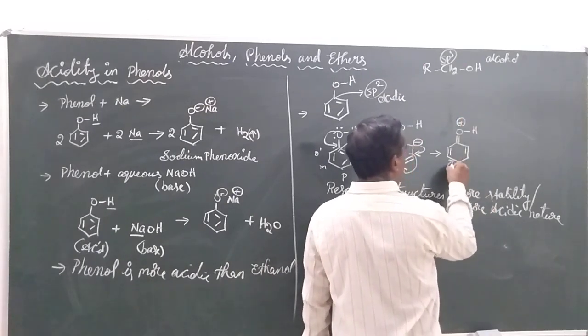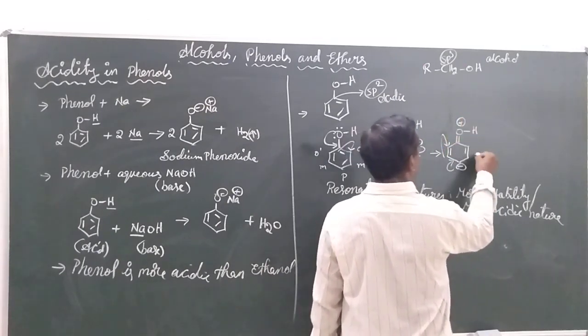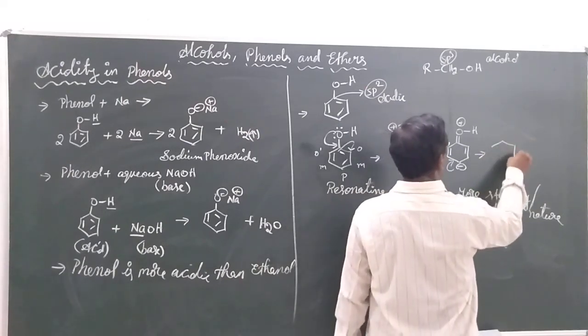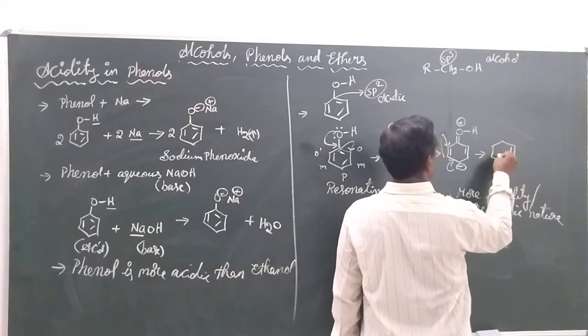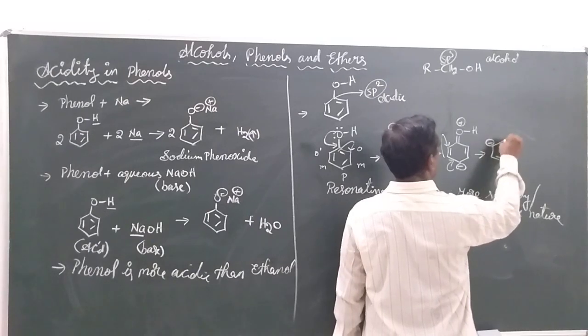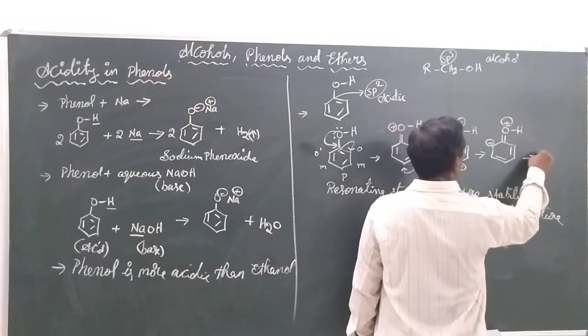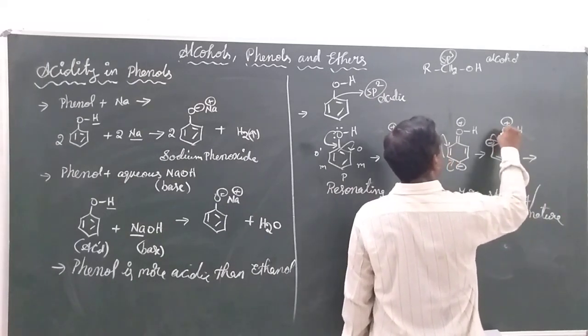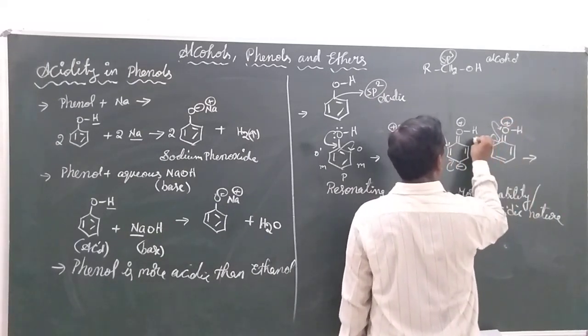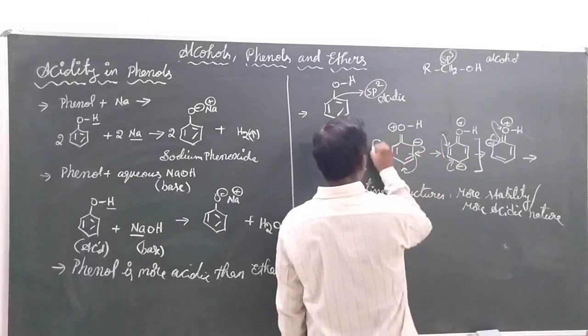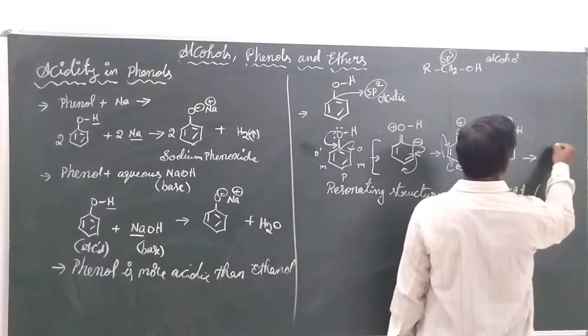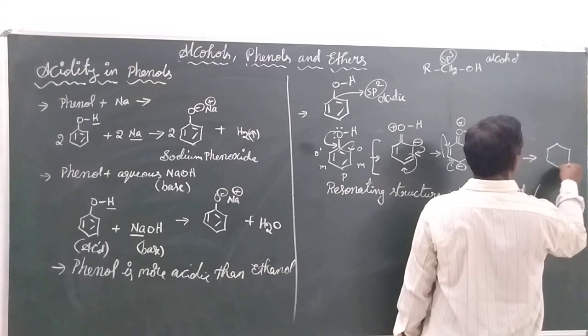Again, the negative charge comes back into resonance. At last, it migrates the pi bond onto the oxygen. From here to here, there are three resonating structures we can find.